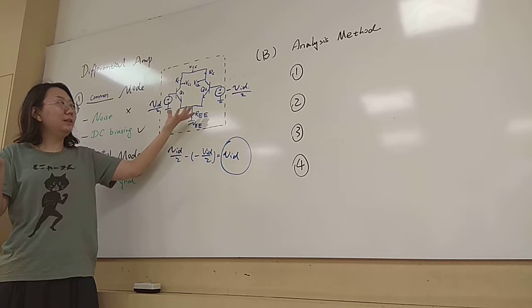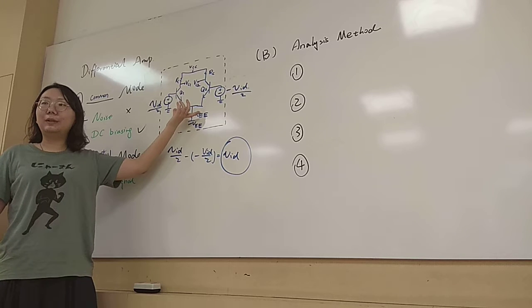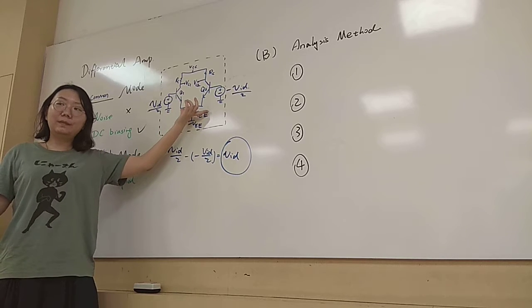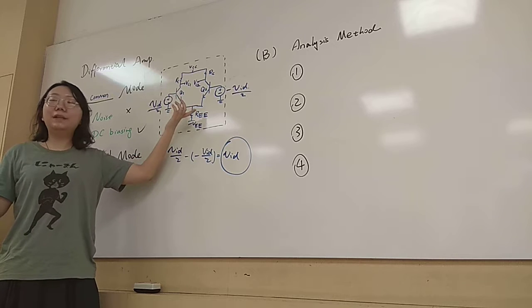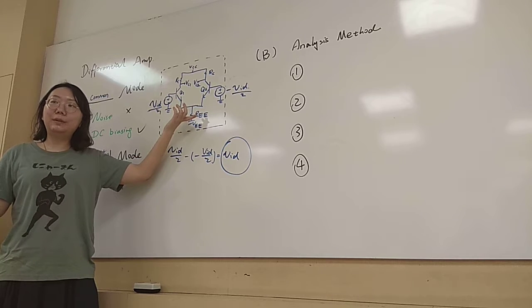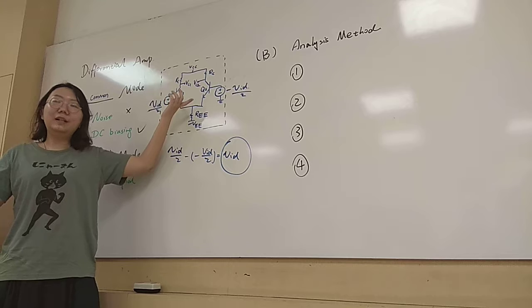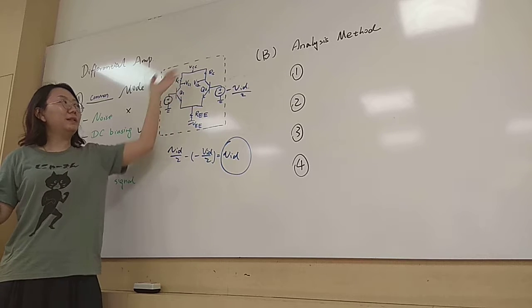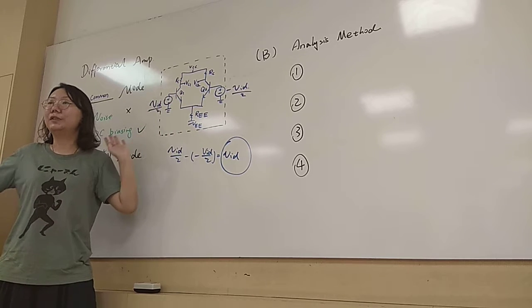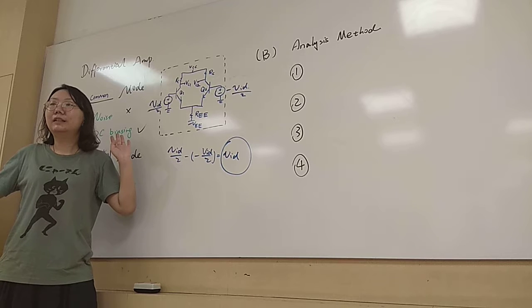For example, you have a 5-volt differential signal input, and the gain seen by this signal will be 100. So after this 5 volts passes through this amplifier, it will become 500 volts.